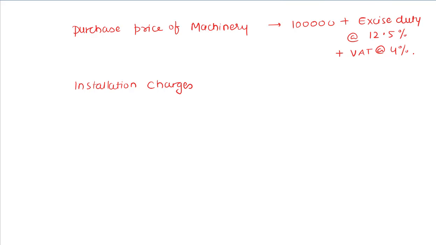Installation charges 15,000. Next expense is trial run expenses, which is 5,000.